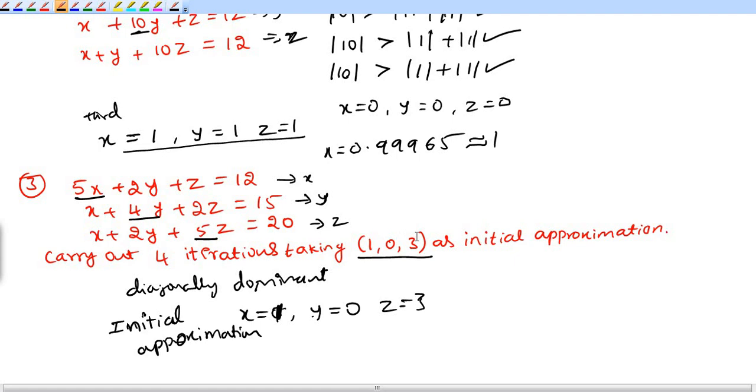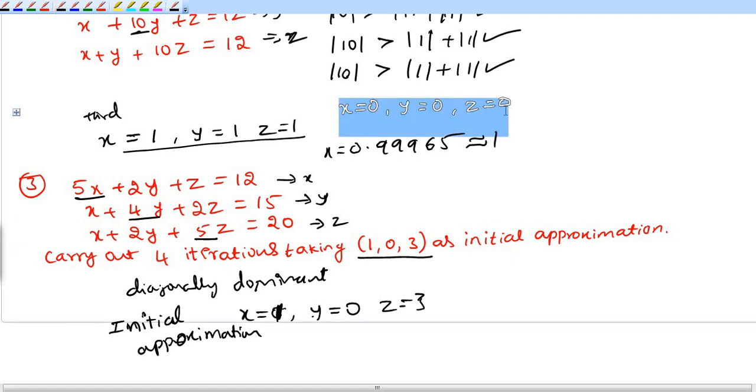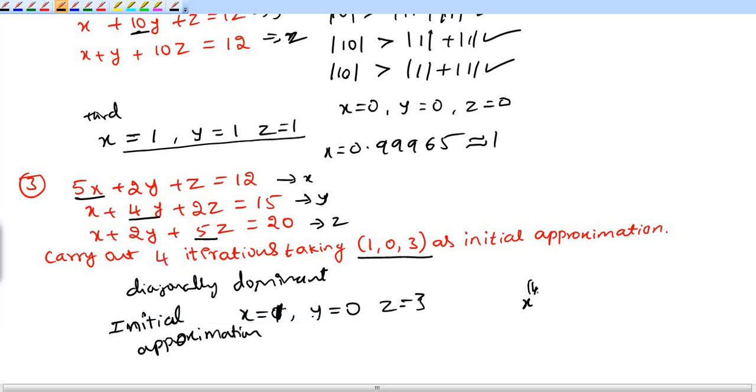See, in the previous problem we used to take default values 0, 0, 0, but here it is given, so you have to take that, and you have to carry out 4 iterations. That means you need to find x4, y4 and z4. Whatever value you get at this stage, you have to write as the solution of the given system of equations.